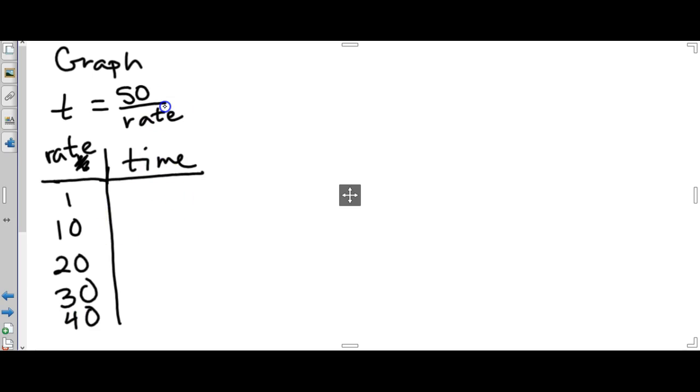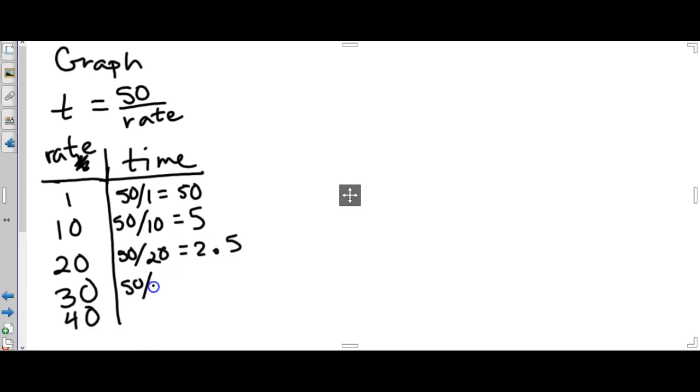So if we plug these in, and I didn't pick 0 because again, 50 divided by 0, we can't do. So 50 divided by 1 is 50. 50 divided by 10 is 5. 50 divided by 20 is 2.5. 50 divided by 30 is 1.7. And 50 divided by 40 is 1.25.